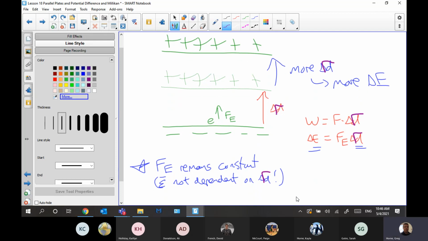So we've said in the past that the electric field intensity remains the same, doesn't depend on the distance between, which seems odd, but you have to remember that this right here, so let's go with black. So this takes work.